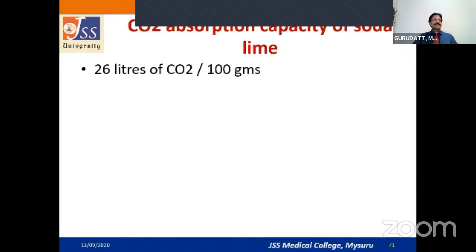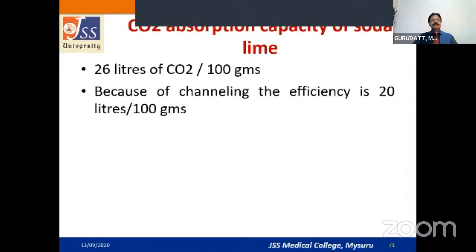Usually the capacity is about 26 liters per 100 grams. But for all practical purposes, the soda lime can absorb about 20 liters per 100 grams. So when it is completely filled with fresh soda lime, 1800 grams can absorb over 360 liters.